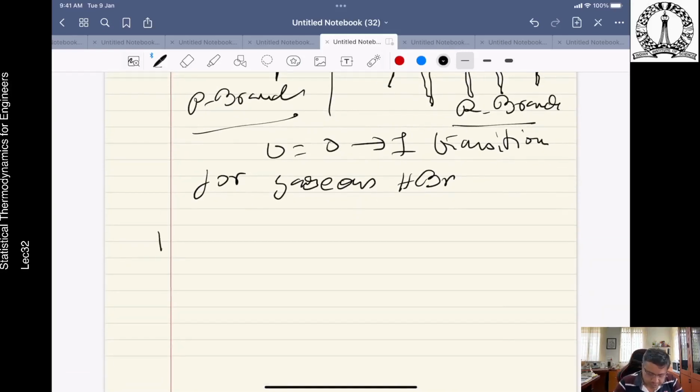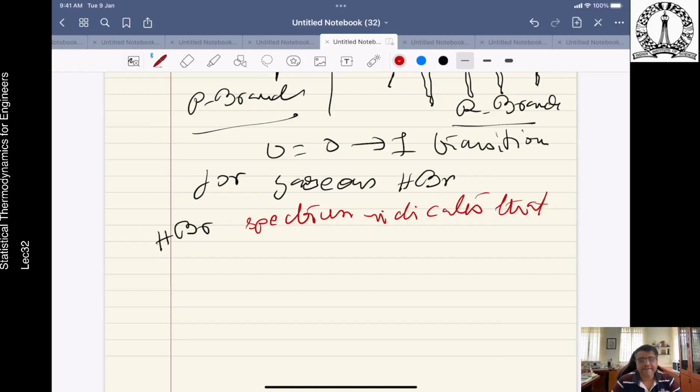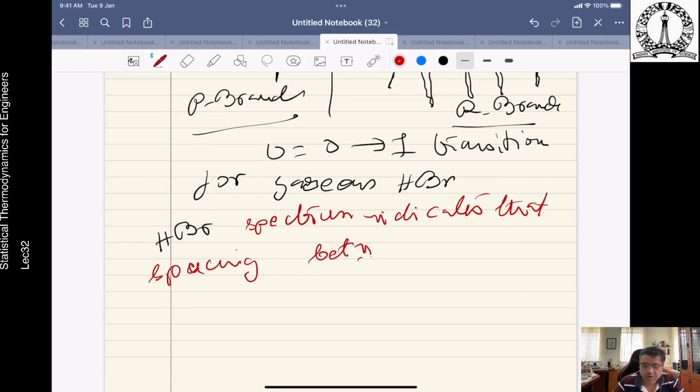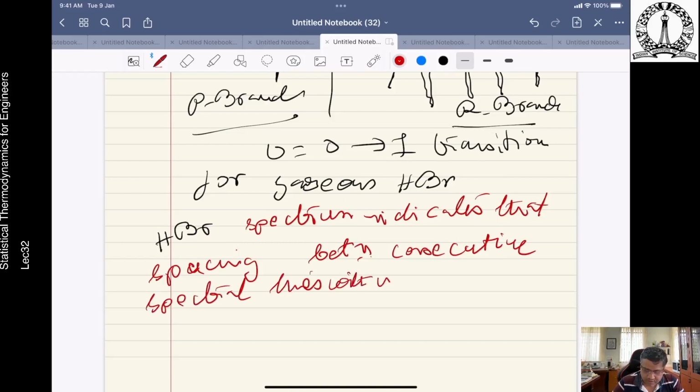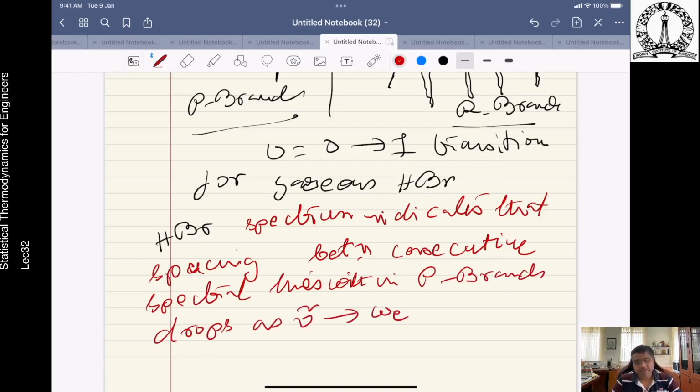So for the HBr spectrum, just to formally write, the spectrum indicates that the spacing, and this is also figure 7.4 in the book, the spacing between consecutive spectral lines within the P branch drops as the frequency approaches the fundamental.